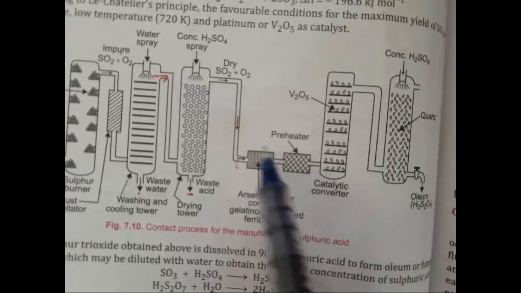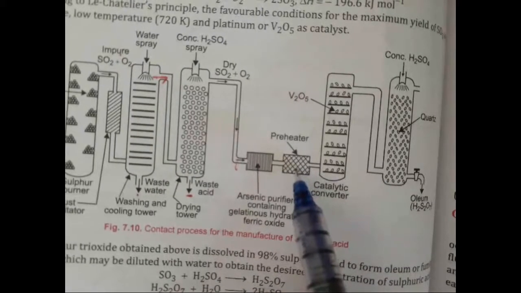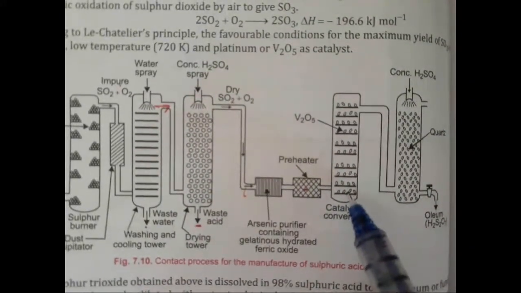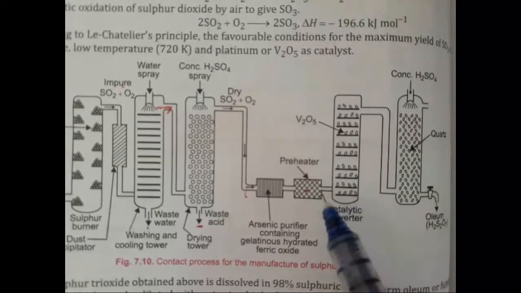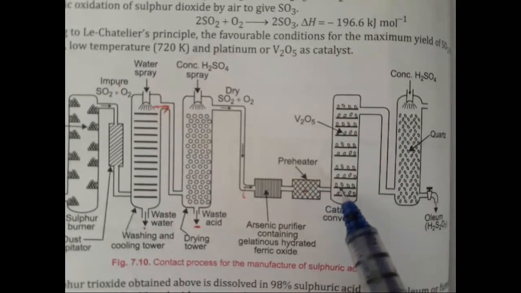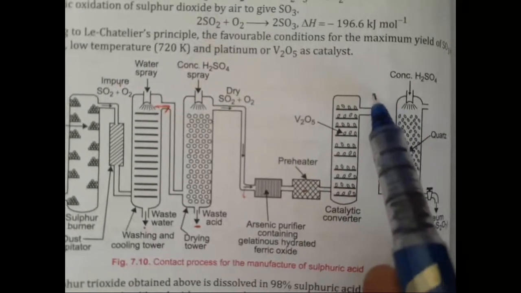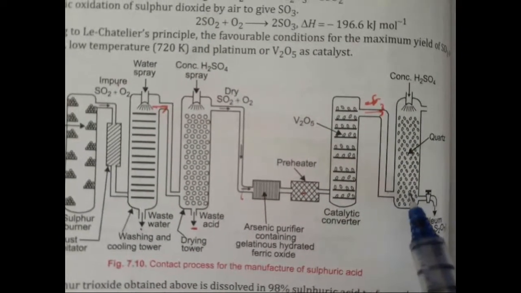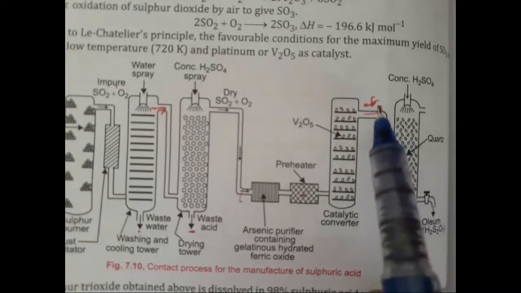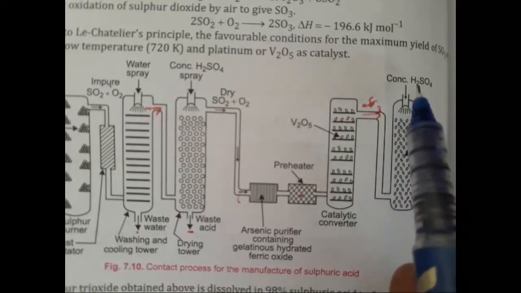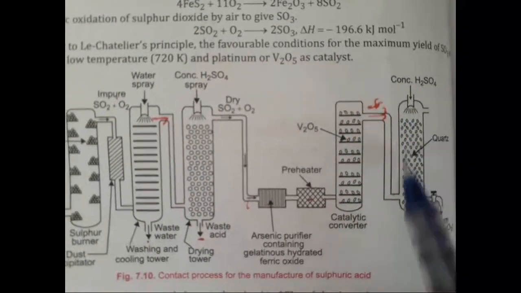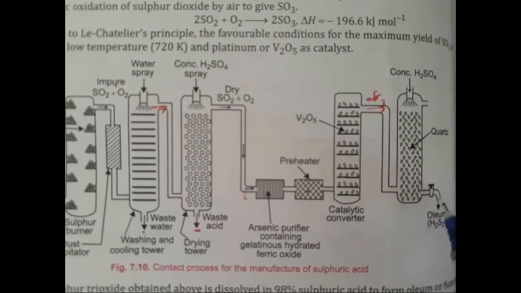Here the content coming out gets heated. It is passed to the catalytic converter, containing vanadium pentoxide. Sulfur dioxide gets converted here into sulfur trioxide. Through this outlet, sulfur trioxide gas is passed through concentrated sulfuric acid, and in the presence of vanadium pentoxide it gets converted into oleum.